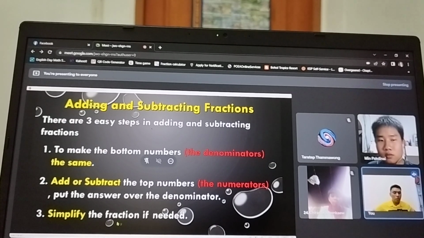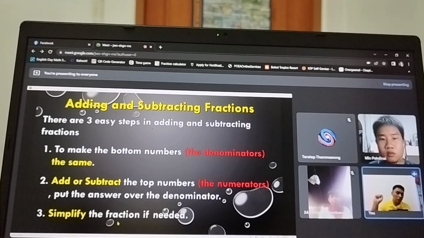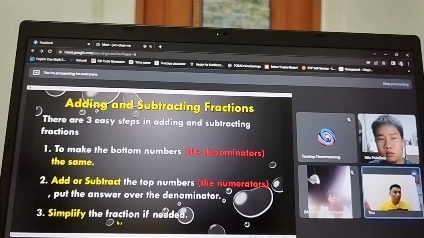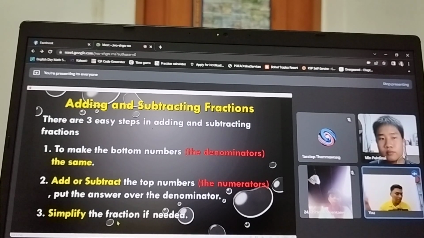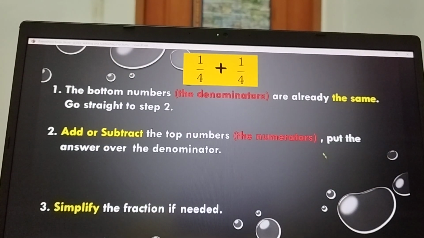If your answer is an improper fraction, you can change that to a mixed fraction. So again, these are the 3 easy steps. Next slide, example here. Very easy.